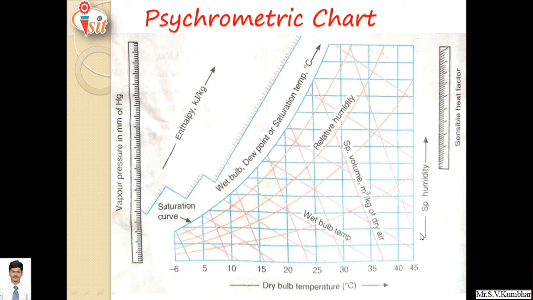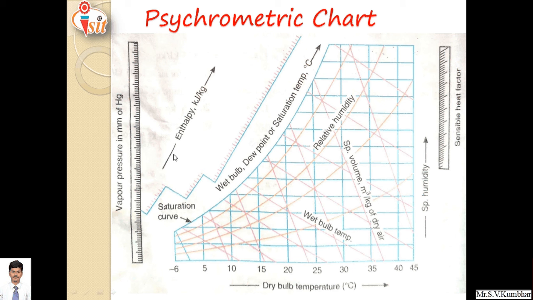Second, specific humidity: horizontal lines parallel to the abscissa. Next, wet bulb temperature: inclined and non-uniformly spaced lines. Next, specific volume lines, this line and this line. Next, the saturation curve.